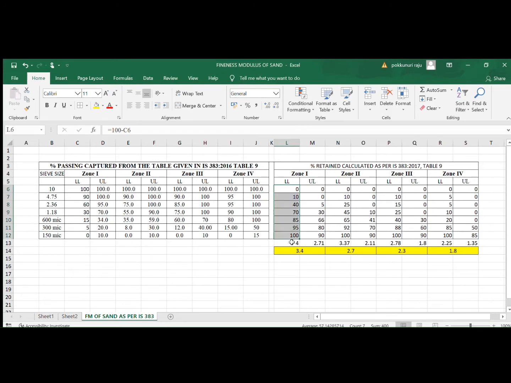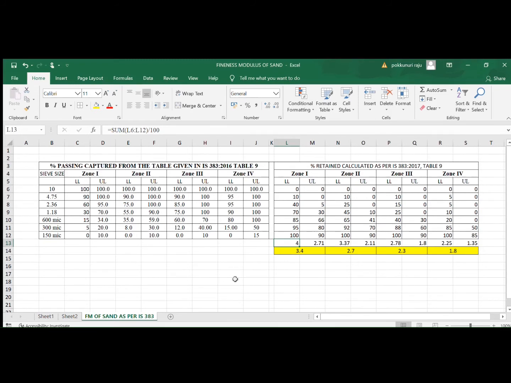So this is the percentage retained on each sieve for a particular zone, zone 1 in this case, and the lower limit. The sum of this divided by 100 gives a value equal to 4. So the fineness modulus corresponding to the material matching the lower limit of zone 1 will be equal to 4.